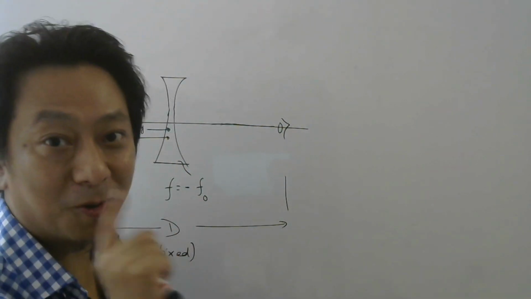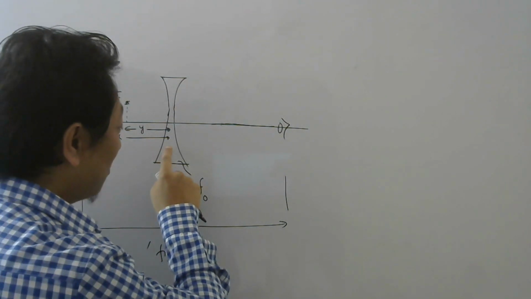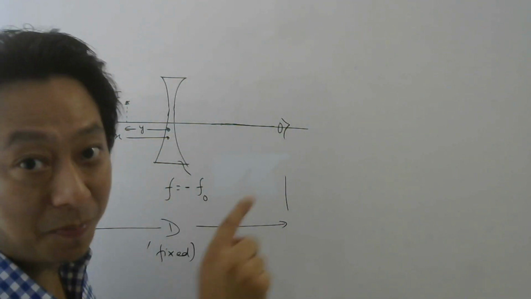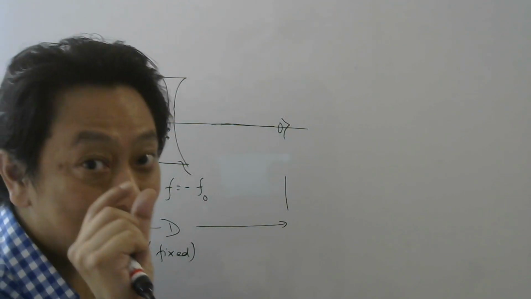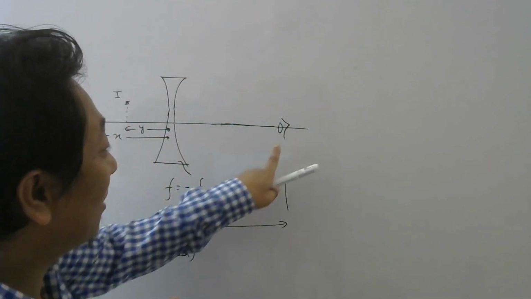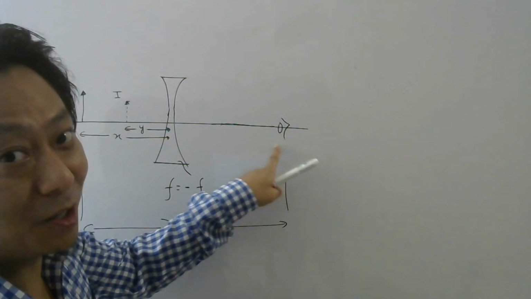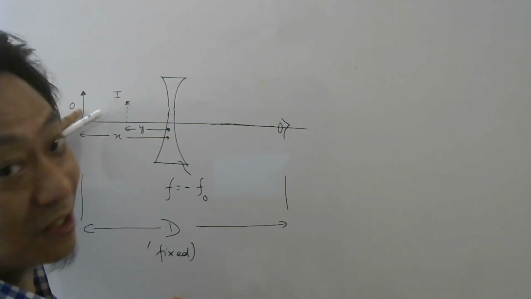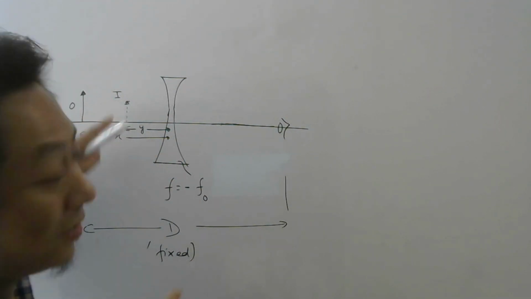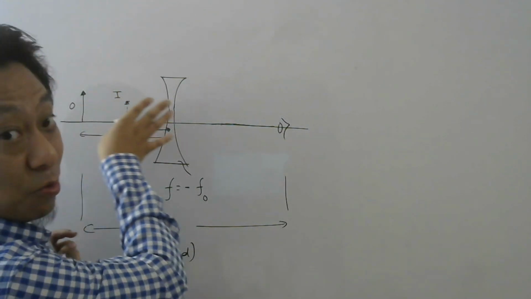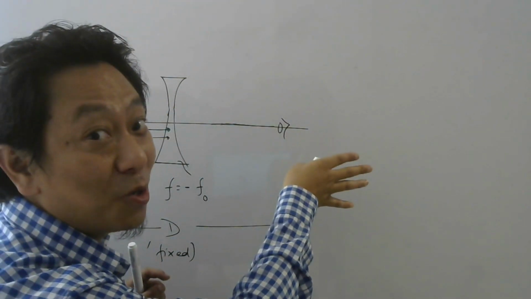Now remember the question was, at what distance between lens and eye will the person see the object to be smallest? Now please understand, when you look from here, you are not actually looking at the object, you are looking at the image. Why? Because light will first pass through the lens, then it will pass through your eyes.